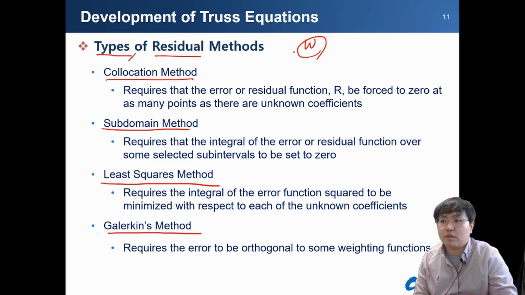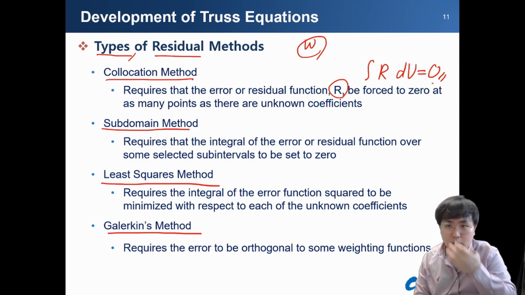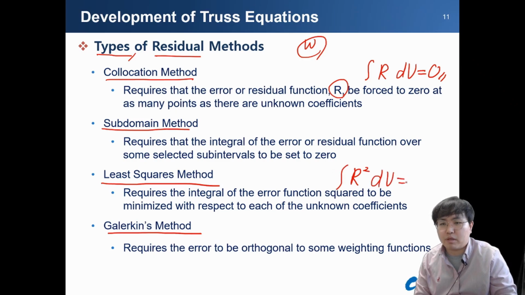Collocation method means that we directly use a summation of this residual error over the whole domain equal to 0. So that's the first way to obtain those kinds of things. Least square method. Square means that we apply some square value to the residual error, and then that will be equal to 0.